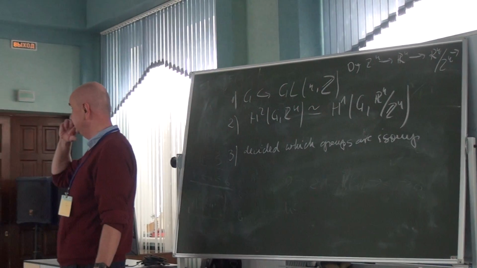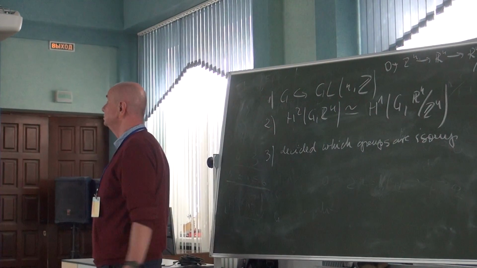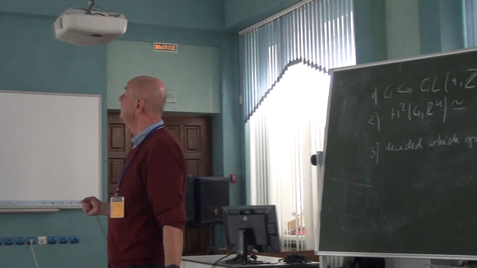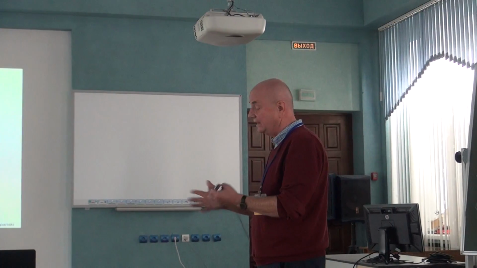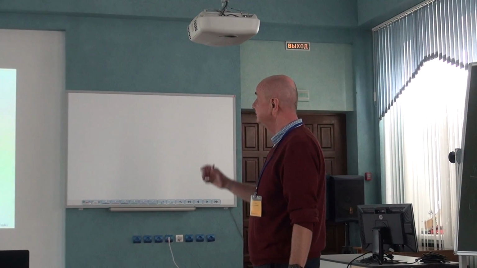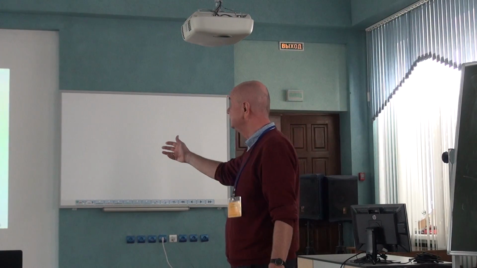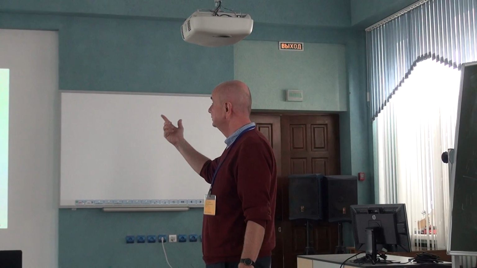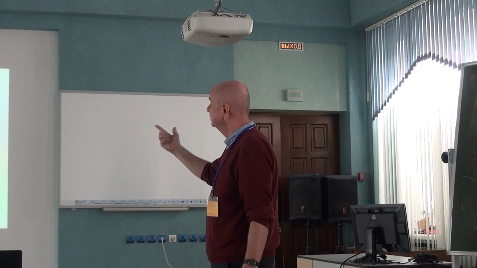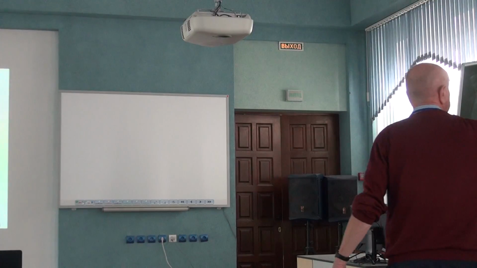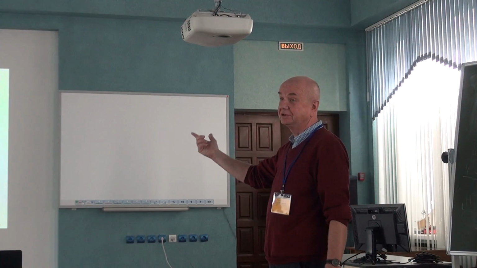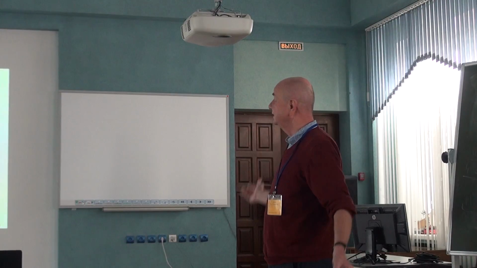In higher dimensions, we can only consider special cases, and we can use this program to decide which groups are in a small class. One of the reasons is that there exists a subgroup of the 6-dimensional linear group over Z such that the second cohomology group is very big.